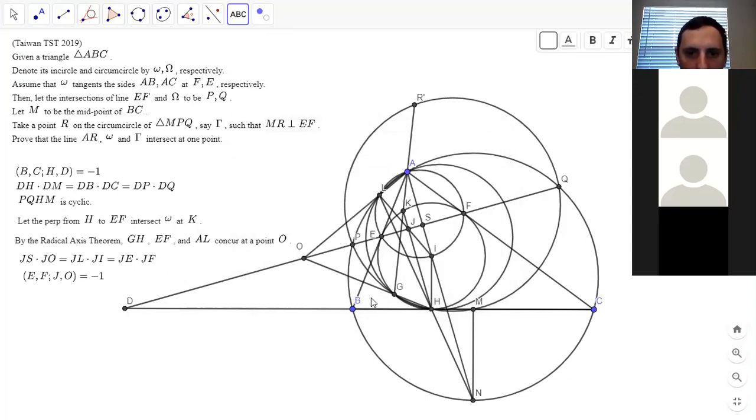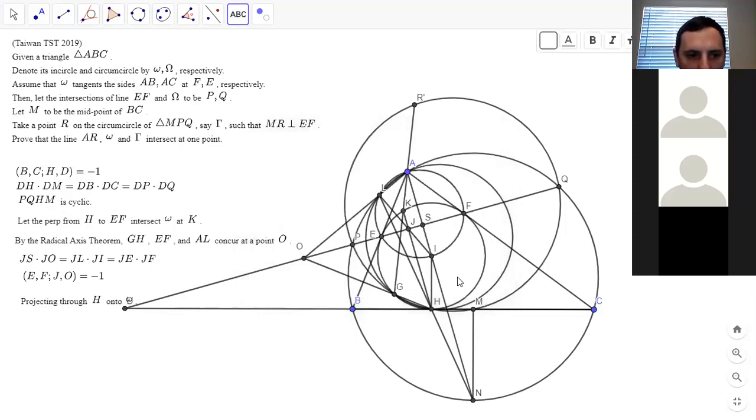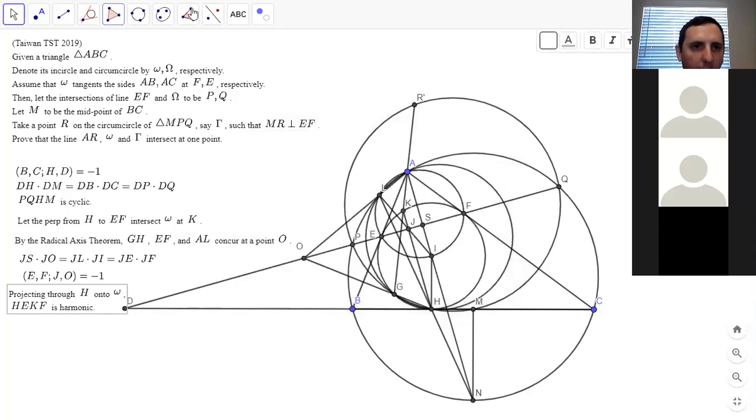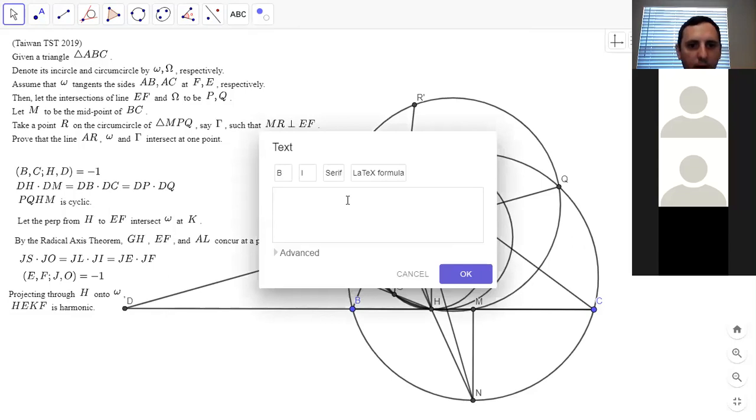And then projecting through H onto omega, we have HEKF is harmonic. By the way, I should say in the very beginning, let PQ intersect BC at D.